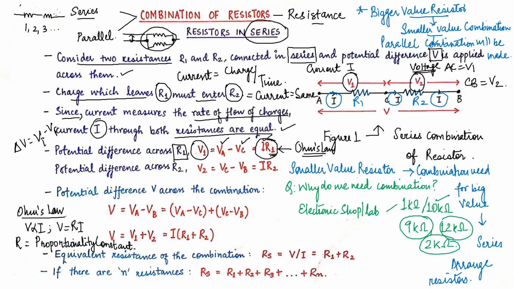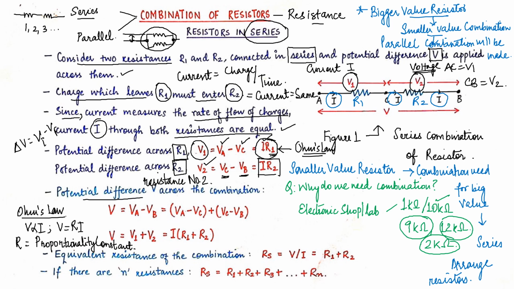Moving next, potential difference across resistance 2. We have V2 equals VC minus VB, that is equal to I R2, current flowing through resistance 2 into the resistance 2.